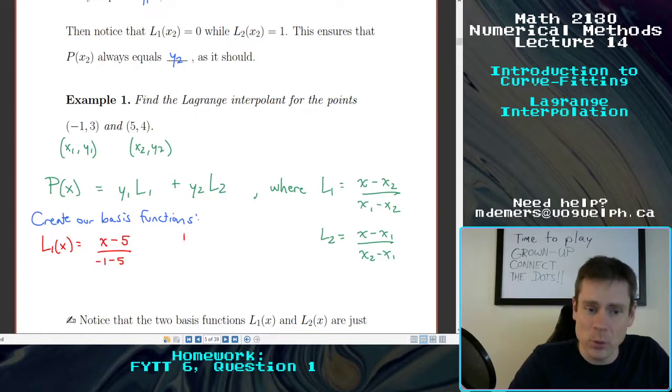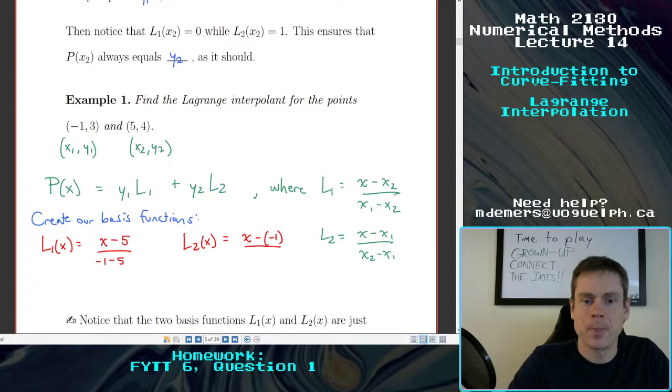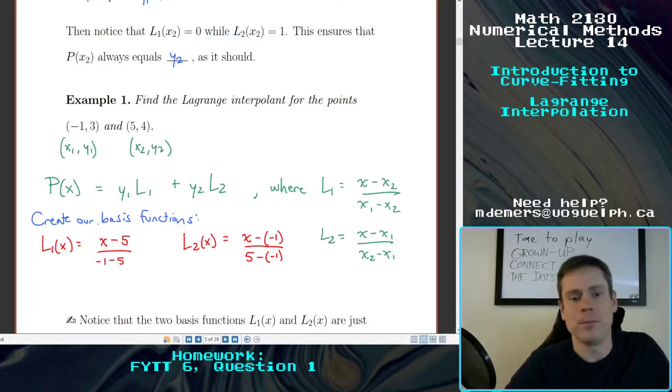L2 of x is going to equal x minus the first, so that's x minus minus 1, over the first one, 5 minus minus 1. Cool, that's what it should be.